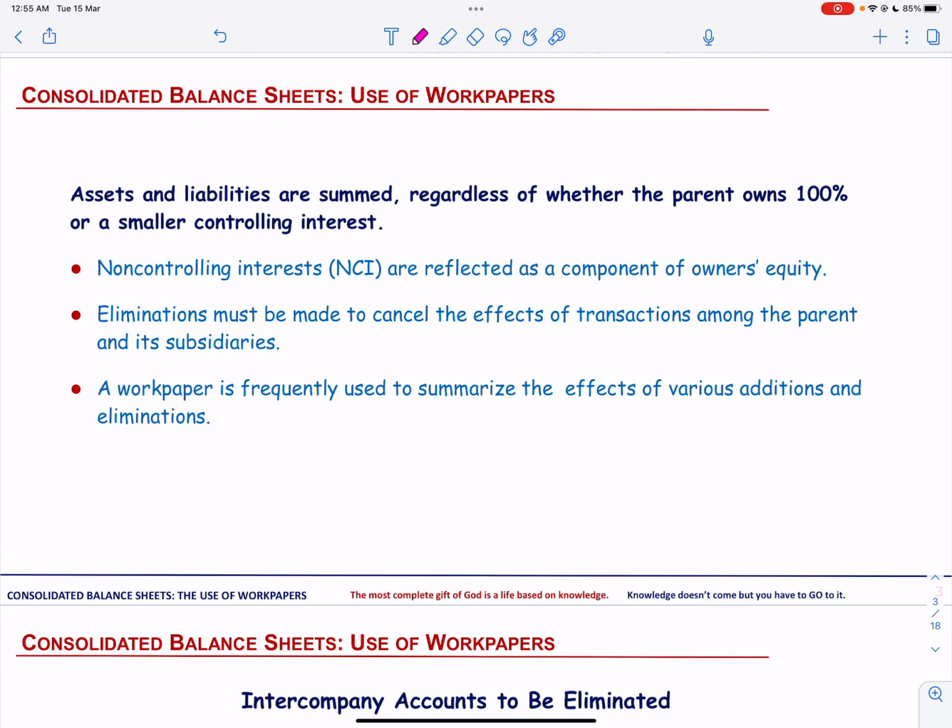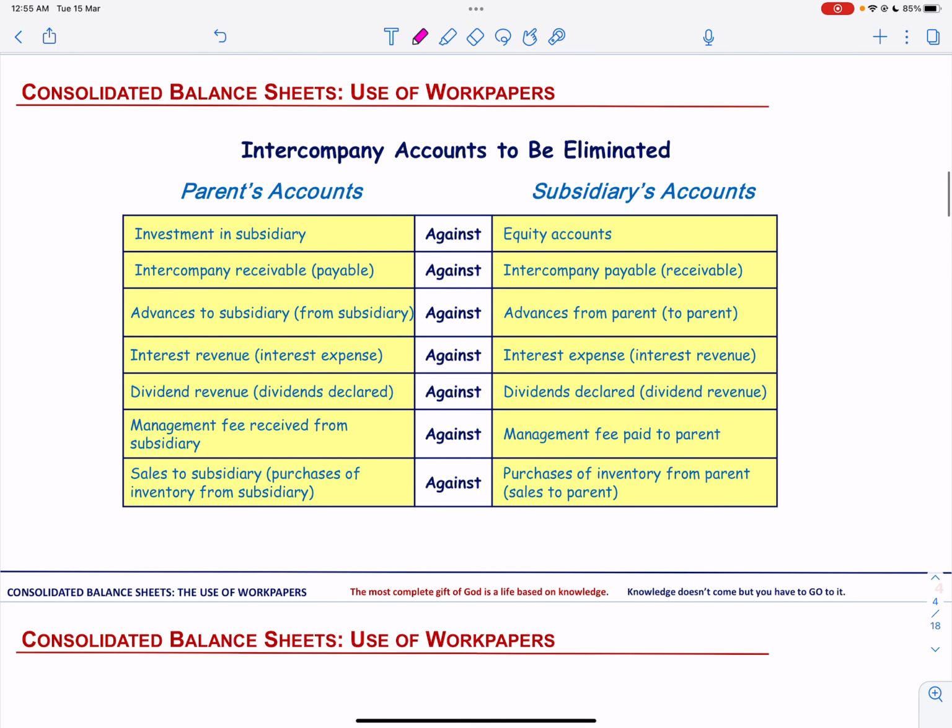Let us now talk about intercompany accounts to be eliminated. Since the parent and its subsidiaries are being treated as a single entity, eliminations must be made to cancel the effects of transactions among them. For example, intercompany receivables and payables must be eliminated to avoid double counting and to avoid giving the impression that the consolidated entity owes money to itself.